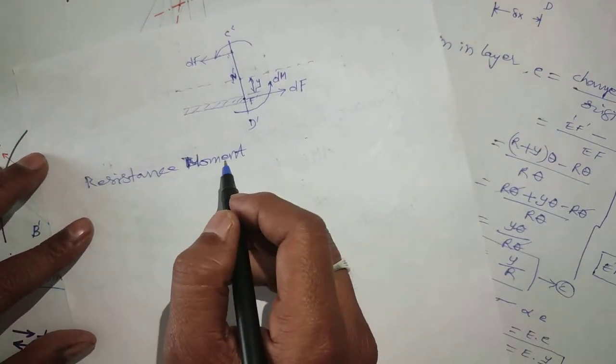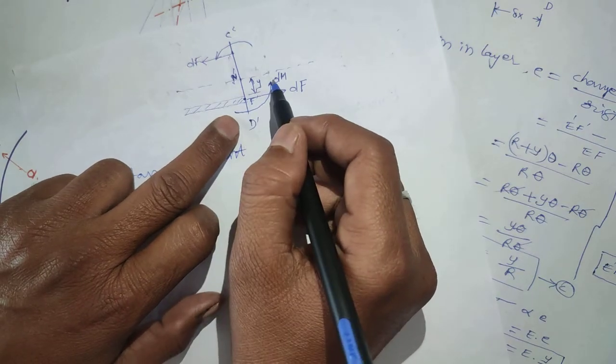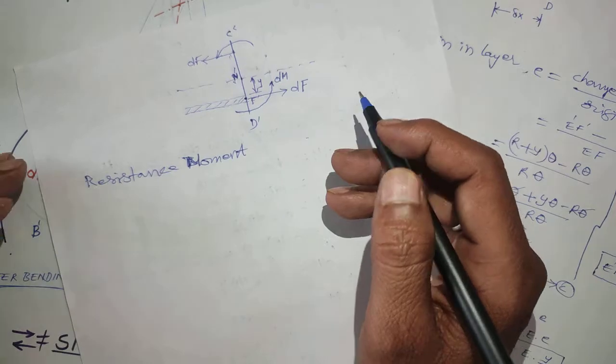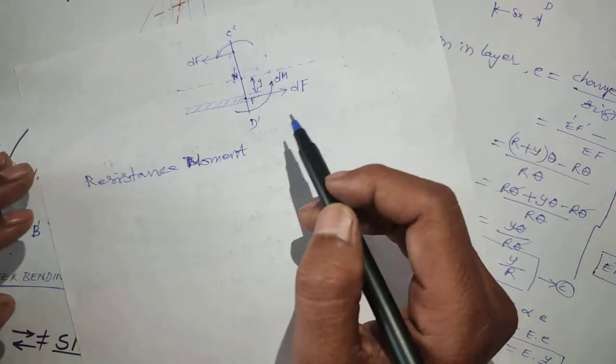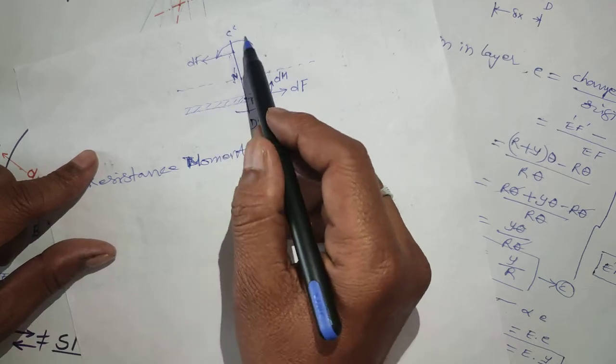Now what is the resistance force, or we may take it as the bending moment on the layer, and this is the resistance bending, in the opposite direction.